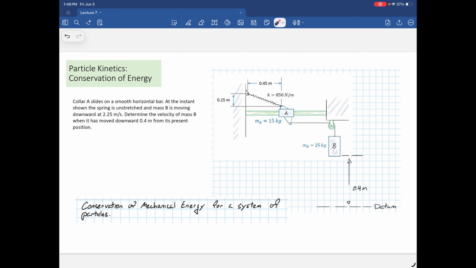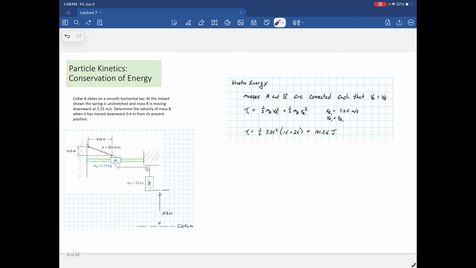So there are no non-conservative forces, there's no friction, there are no applied forces, so we can apply the conservation of mechanical energy. All right, so the kinetic energy. Masses A and B are connected such that the velocity of A will equal the velocity of B. We are told that at the instant shown, mass B is moving downward at 2.25 meters per second.